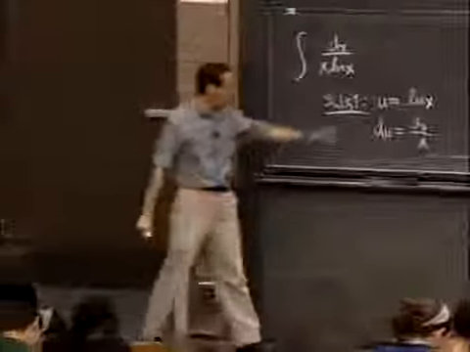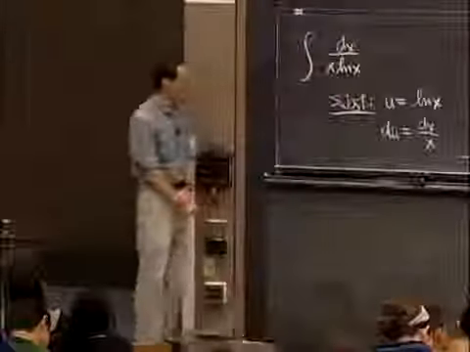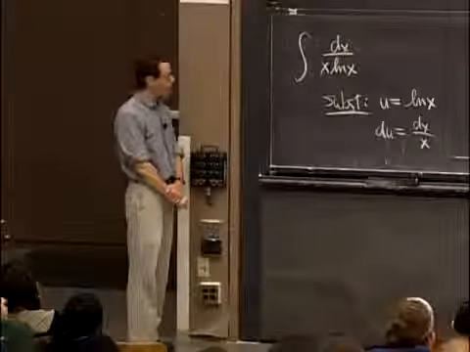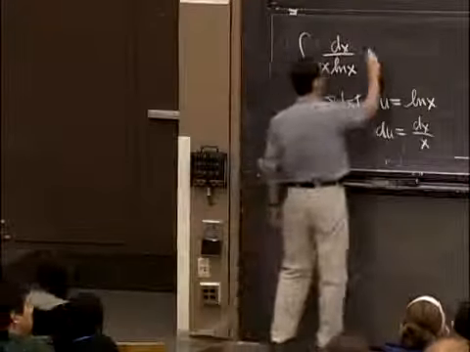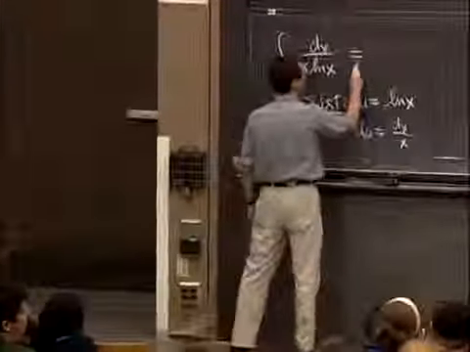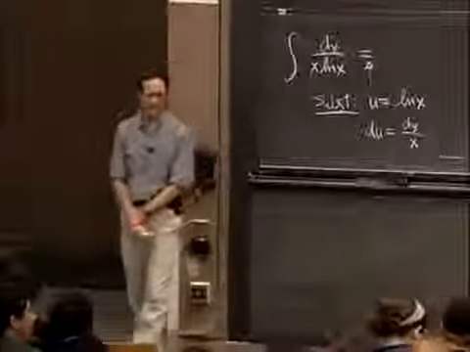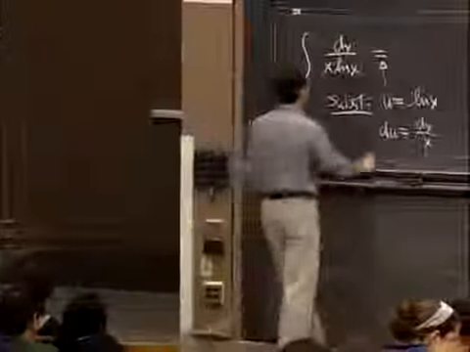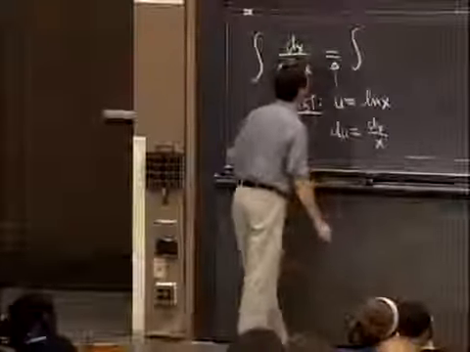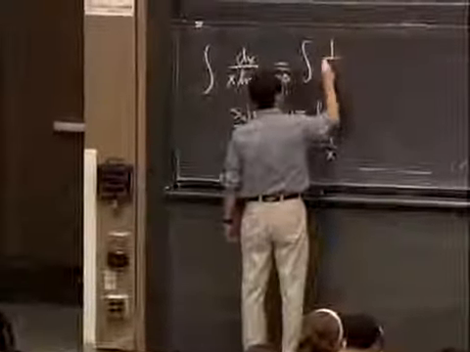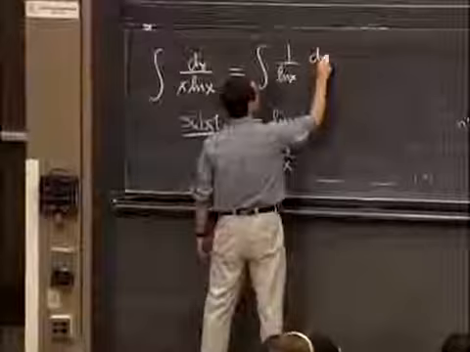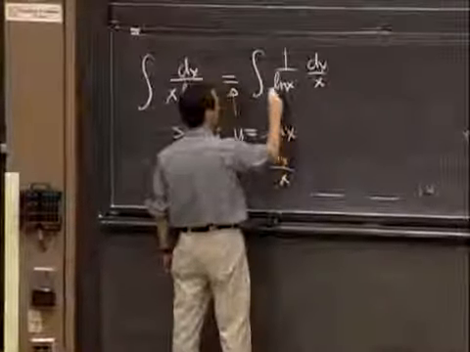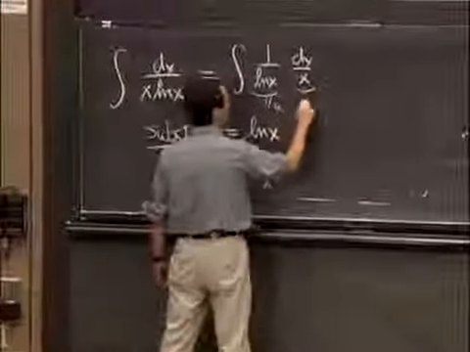Remember, we use that in logarithmic differentiation too. All right, so now we can express this using the substitution. And what we get is the integral of, so I'll divide the two parts here. It's 1 over log x, and then it's dx over x. And this part is 1 over u, and this part is du.